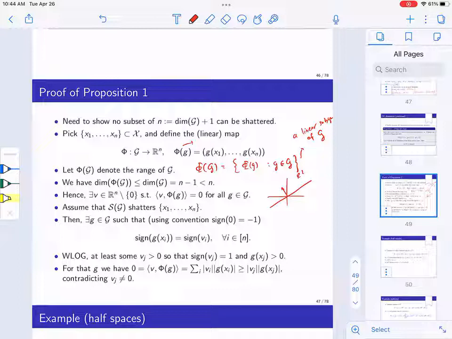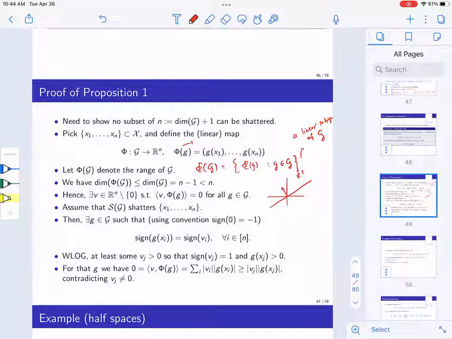Now assume that the collection of sets, the sublevel sets, shatters this set of points. This is a generic set of points. Then there exists a G such that the sign of G(xi) is equal to the sign of this vi.